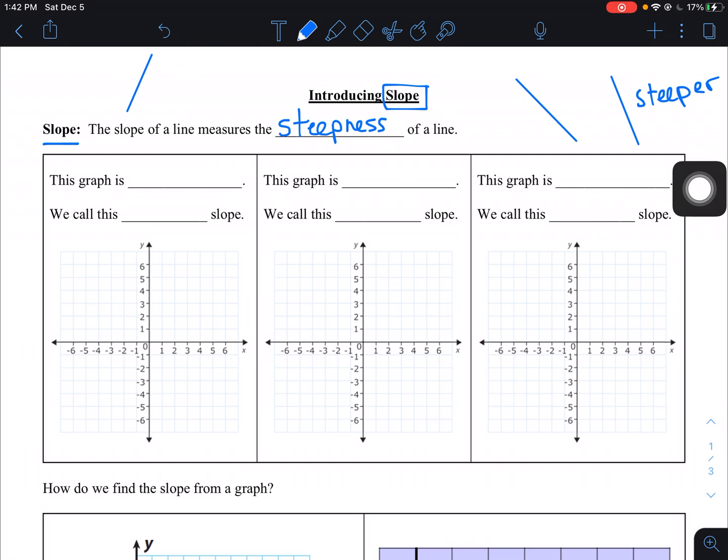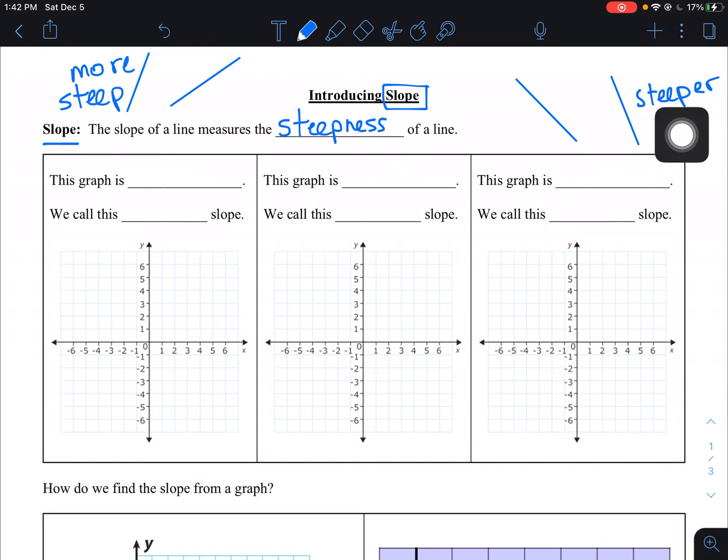Same for lines that go up. This line would be harder to climb because it's more steep than a line like this. This one is more steep, which is another way of saying steeper.